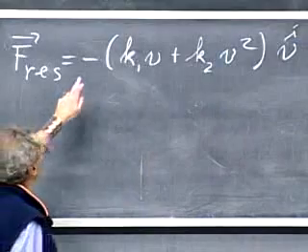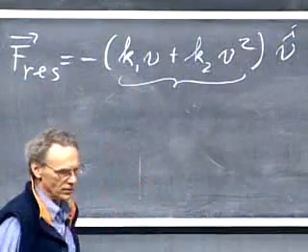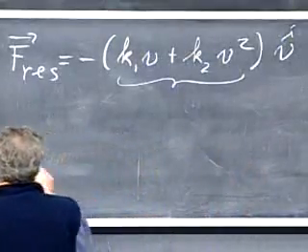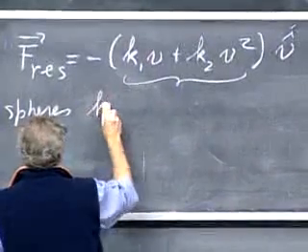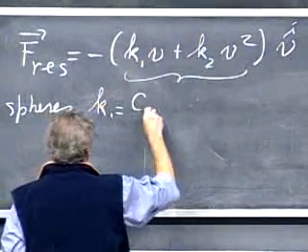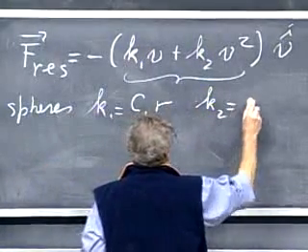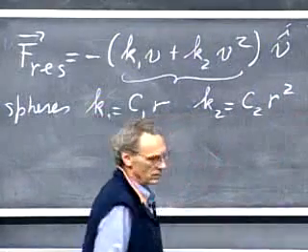It's always opposing the velocity. So this is the magnitude of the resistive force. We dealt exclusively with spheres, remember? And we did some cute experiments. For spheres, k1 equals c1 times r, and k2 equals c2 times r squared.